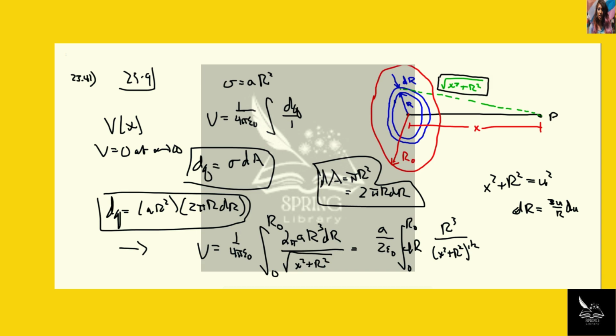So let's go ahead and do our substitution here, and I'll add a new page to make this a little bit simpler. We have A over 2 epsilon naught, integral from r equals 0 to r equals R naught.